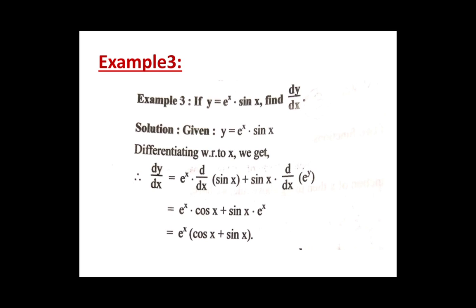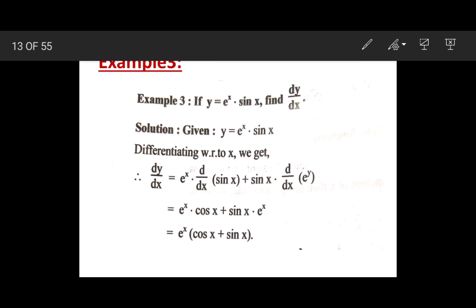Then see one more example, y is equal to e raised to x into sin x, right? So u into v. So e raised to x into derivative of sin x plus sin x into derivative of e raised to x. This is e raised to x, not e raised to y.